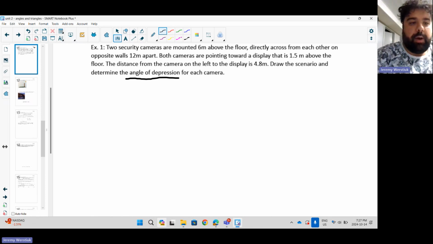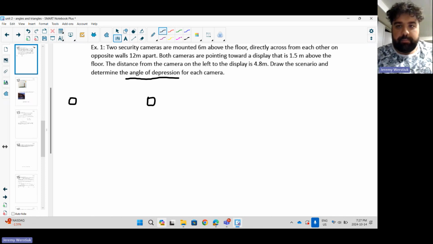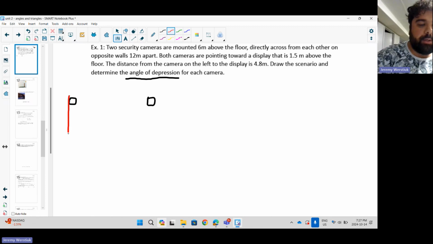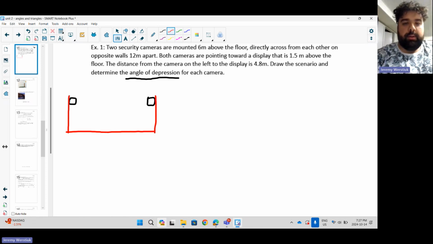So let's try to draw this out here. I'm just going to make a little box for my security cameras. I've got a little security camera right here, and let's say a security camera right here. What I know is they are on the wall. Let's make my walls red, because why not? Okay, they're both on the wall, and then they're across the floor. Right, so how far across are they? Well, first of all, they're 6 meters.